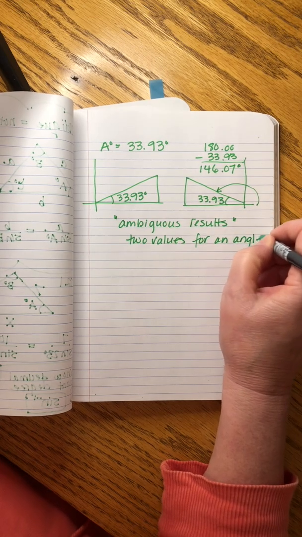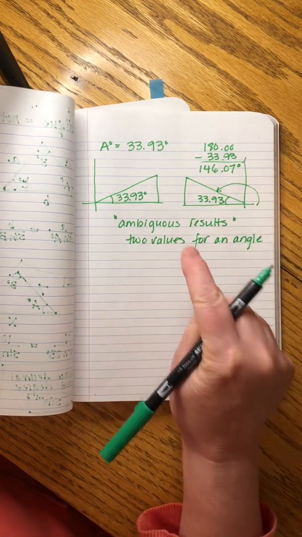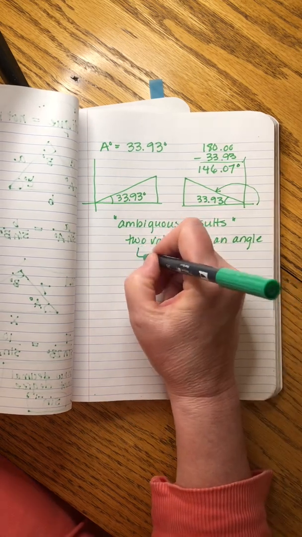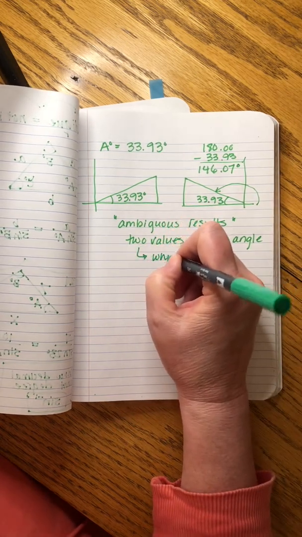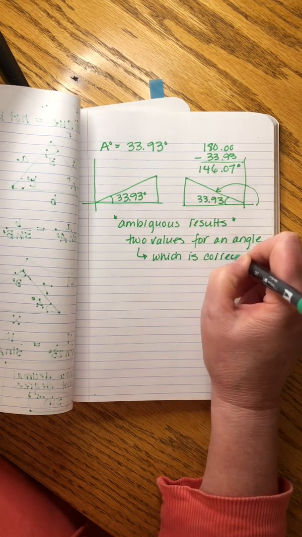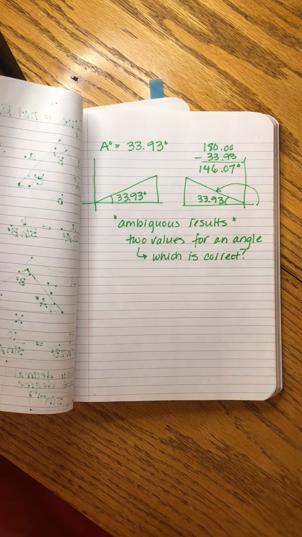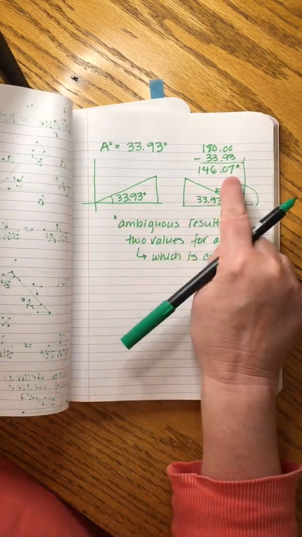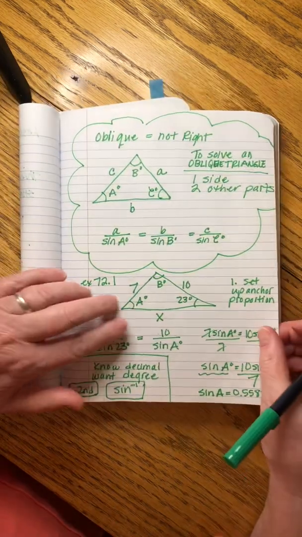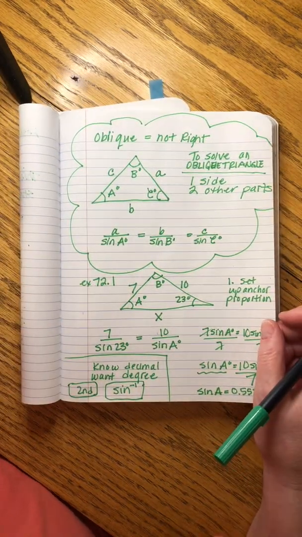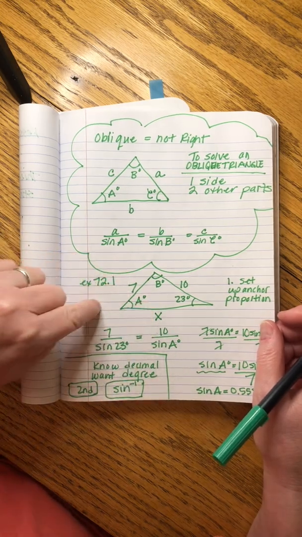This won't happen when we use it to find a side. It creates 2 values for an angle, and we have to ask ourselves which is correct. Here's the way we can use common sense. Our choices are either a 33 degree angle or a 146 degree angle. Looking at this angle, do you think that could be a 146 degree angle? I don't think so. It's less than 90 degrees, isn't it?